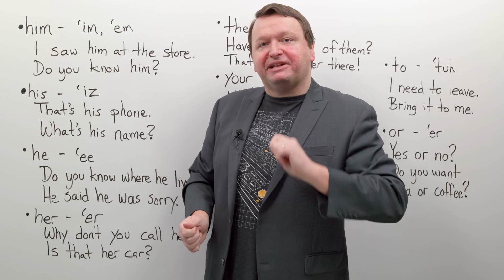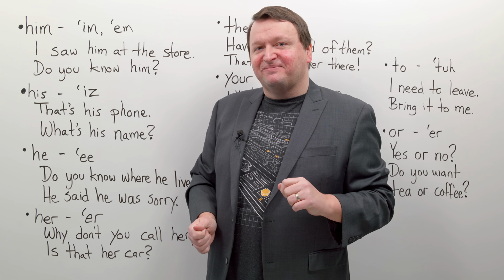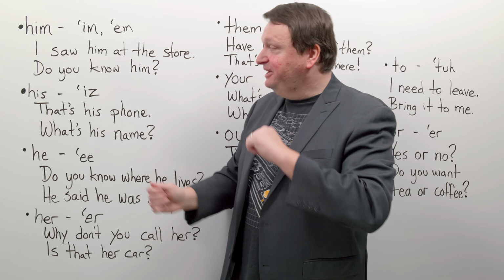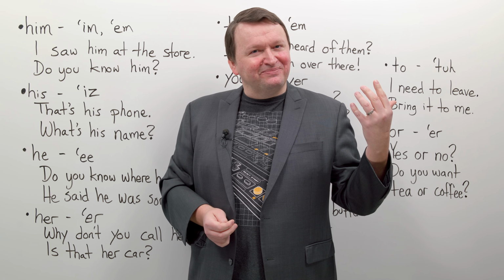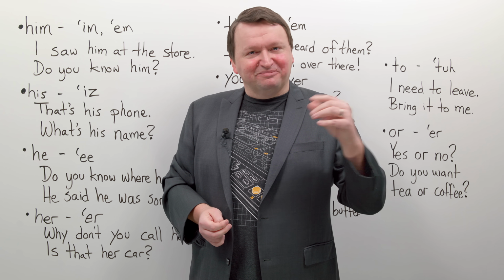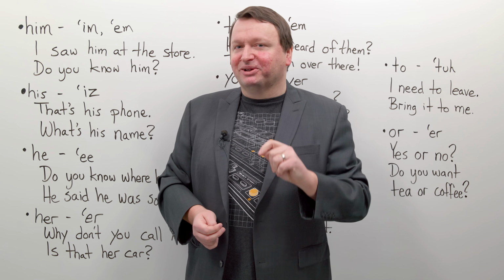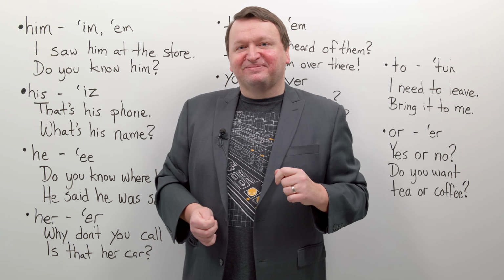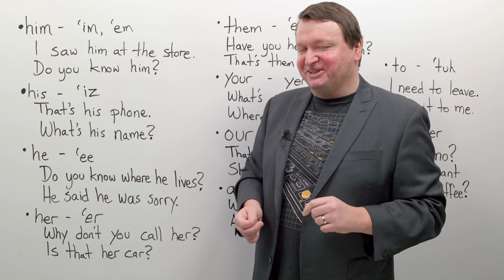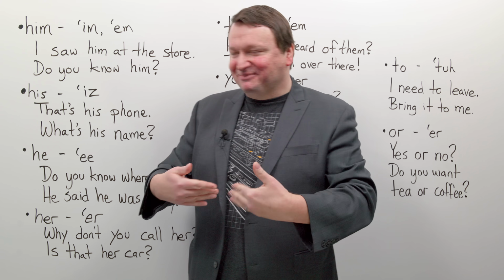I saw him at the store. Okay, and the second one, do you know him? Let's try that again, a little slower. Do you know him? Okay, good. This is just the warm-up, all right?